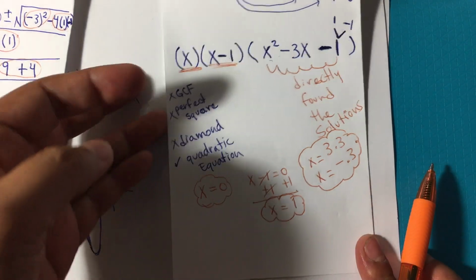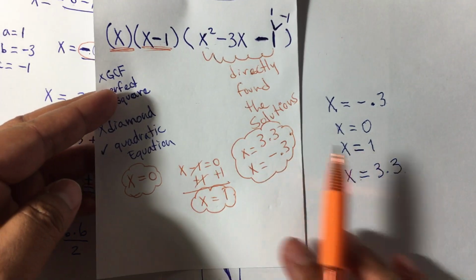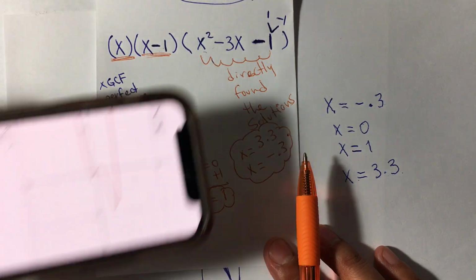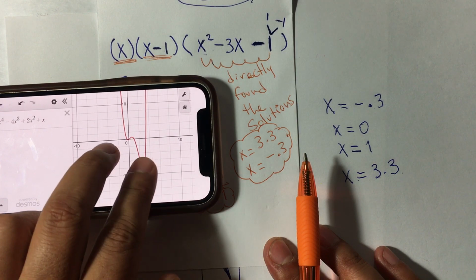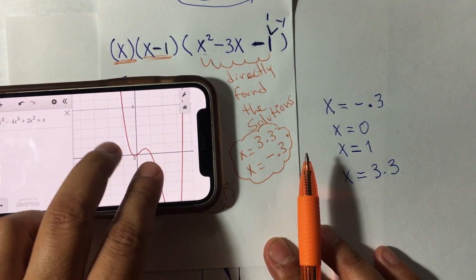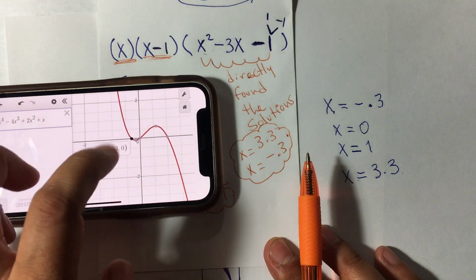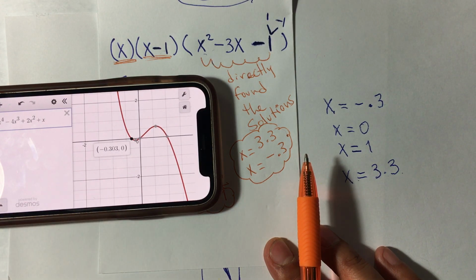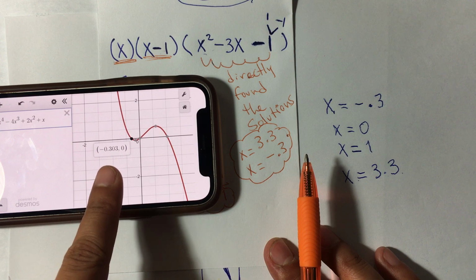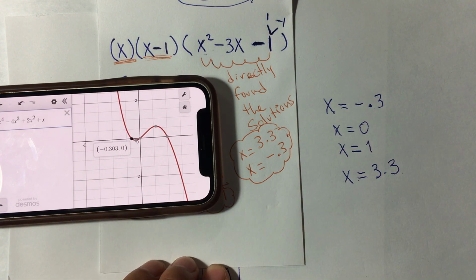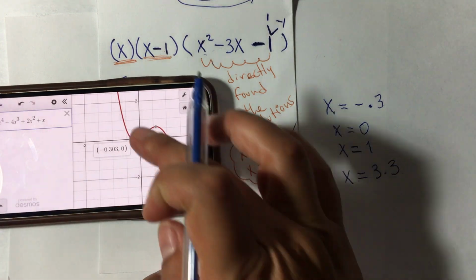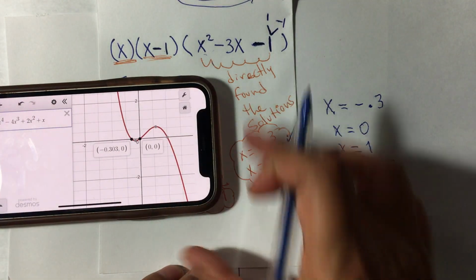Okay, let's go check with technology. Those were the solutions. Negative 0.3, right there. Then this one, 0.